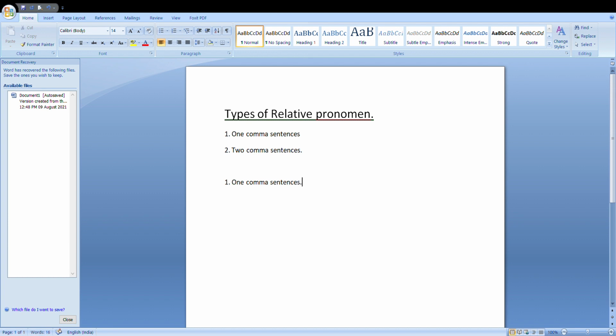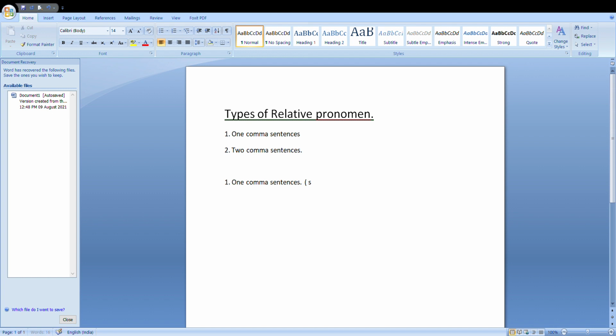I'm not going to tell you what this is; rather, I'll show you the structure of this, how you can make a one comma sentence.